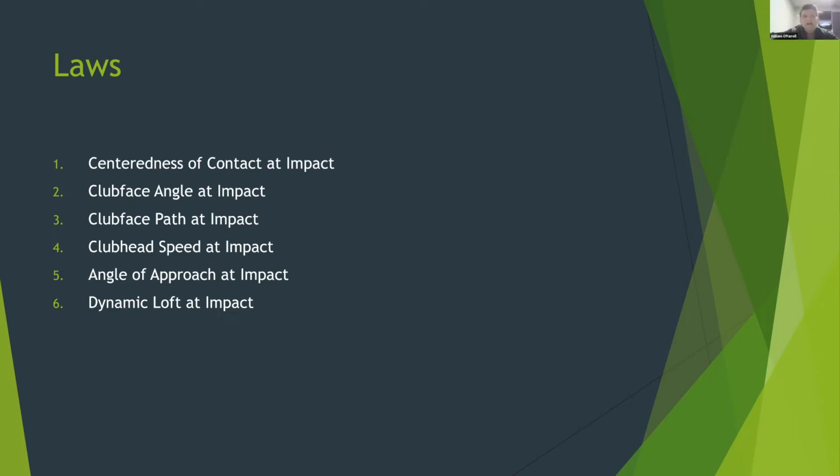Well, yeah, and really basically what they've done is, and I'll show you here too, Tom. I learned the old 9 laws a while ago, but I don't know exactly which ones they've combined, but a lot of the 9 laws that we used to use in teaching have been combined into one key item. And dynamic loft is actually a great example of that.